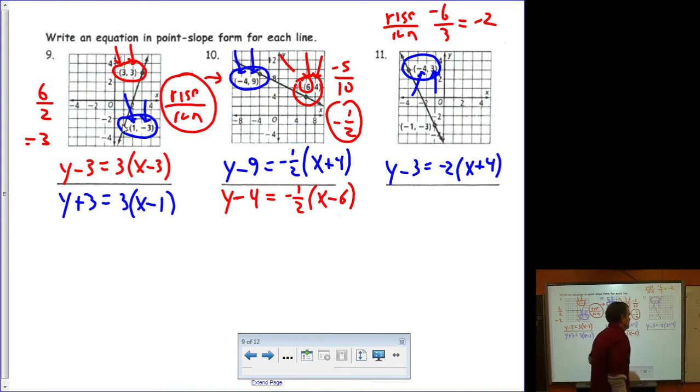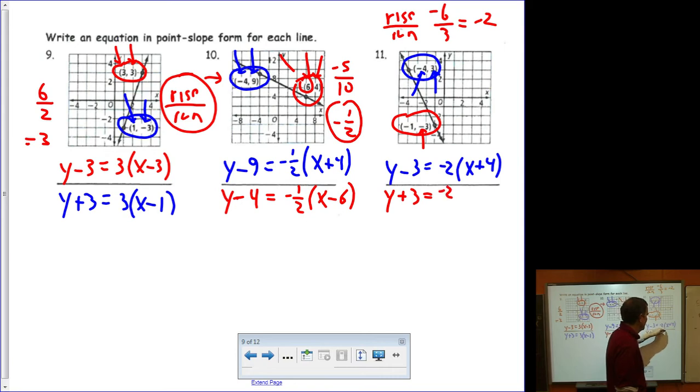Or, if I used this point to write the equation, my equation would be y minus the y value, which is negative 3, and make that a plus 3, equals the slope times x minus the x value, which is negative 1, so minus negative 1 would be plus 1.